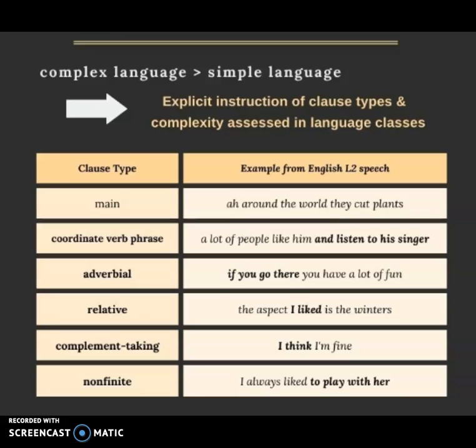Moving on to the next clause type, complement taking predicates. These clauses take an entire clause as its predicate. One example from the data is, "I think I'm fine." Notice that the speaker could have just said, "I'm fine," but the "I think" was added there. The I think what?